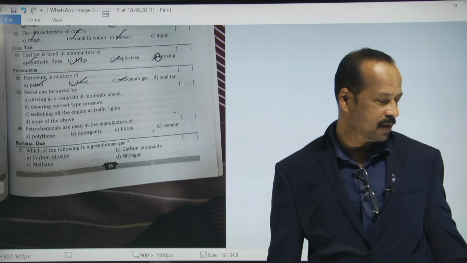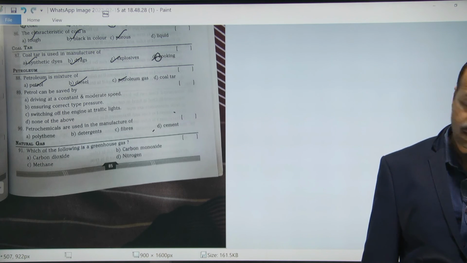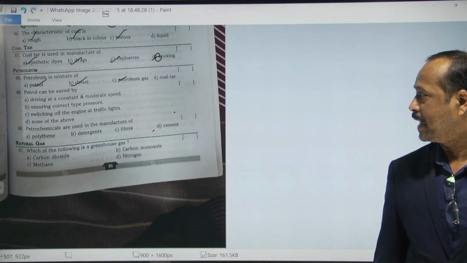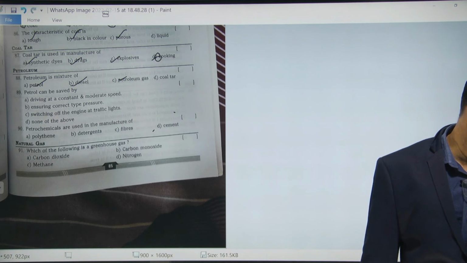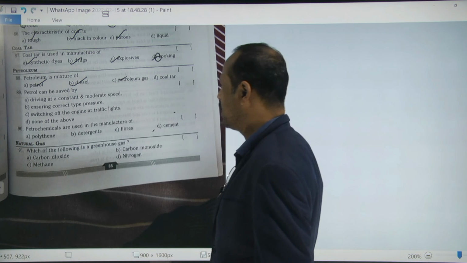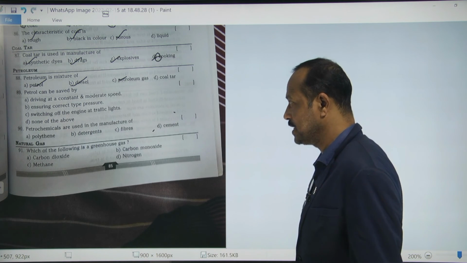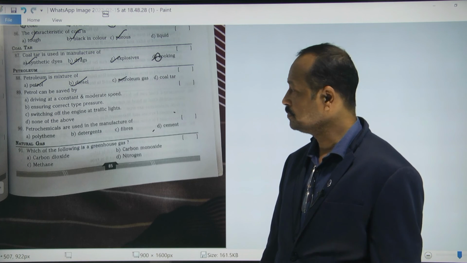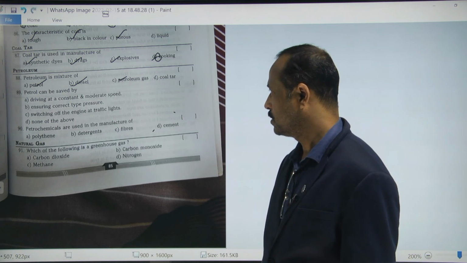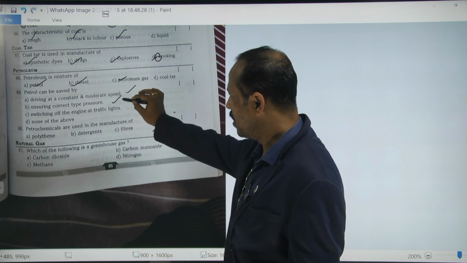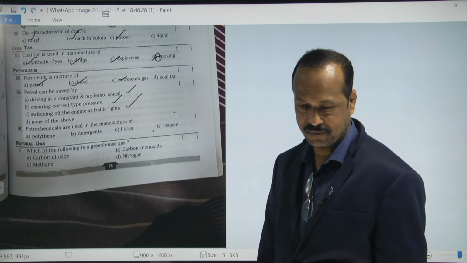Driving at constant and moderate speed, ensuring correct tire pressure, switching off the engine at traffic lights. So all these three.